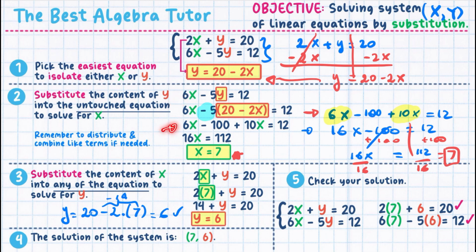We distribute and combine the like terms, like how we would solve for an equation. We found my value of x. Once I found my value of x, I can replace it into any of my equations to find my value of y. That's it. Good job, students.